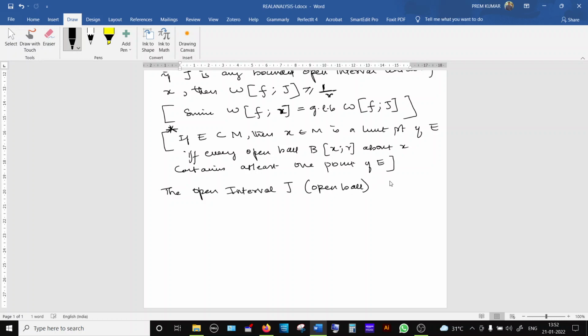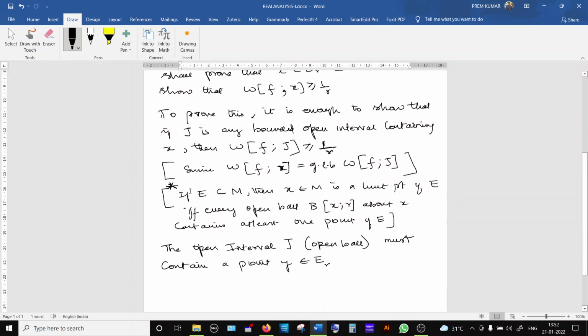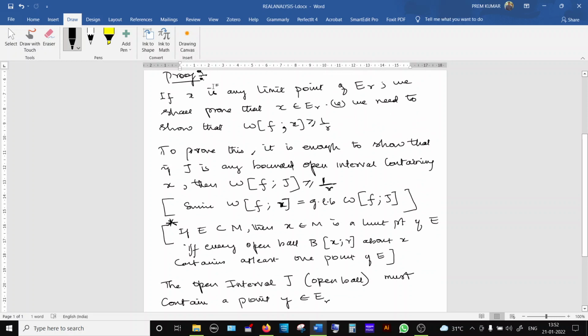Open interval J must contain a point, say y in ER, because x is a limit point. X is a limit point of ER. That is what we have assumed.